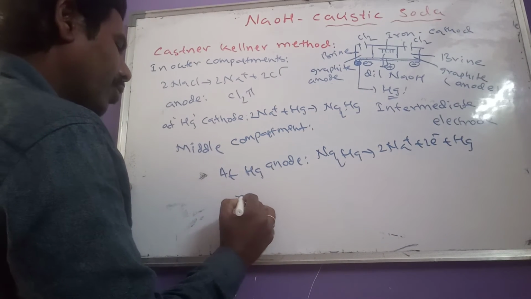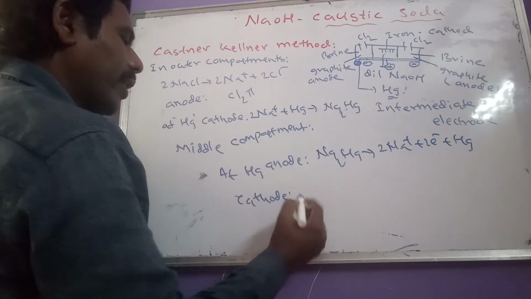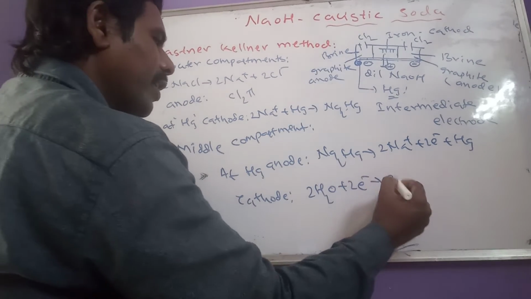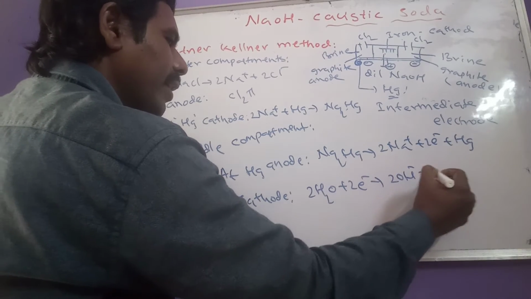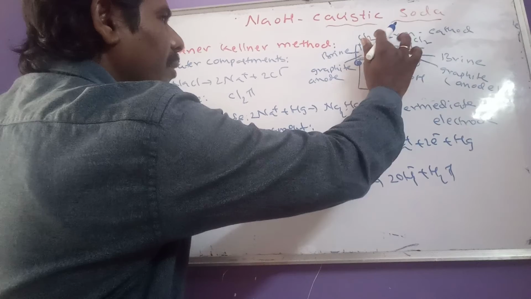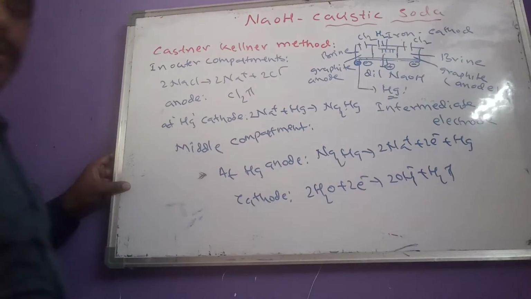And at the cathode, water present in dilute NaOH undergoes reduction to give OH- ions and hydrogen gas. So from the middle compartment, the gas liberated is hydrogen gas.